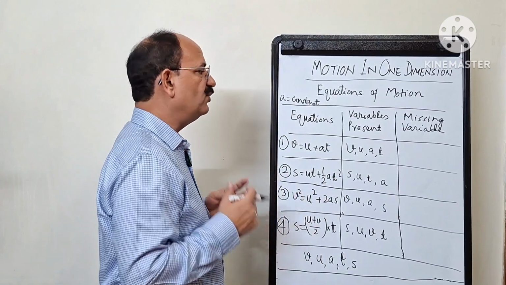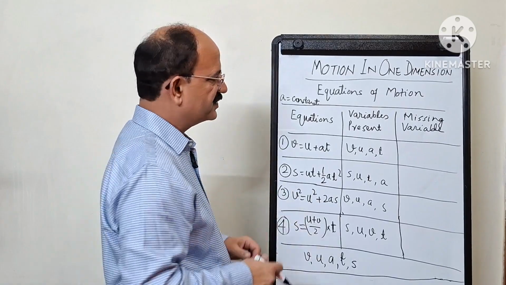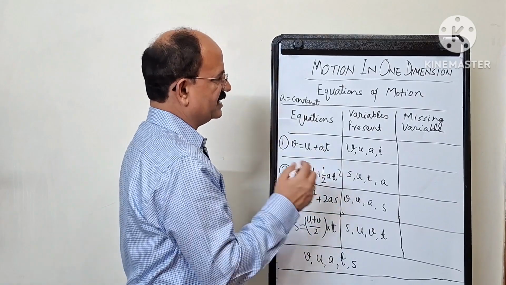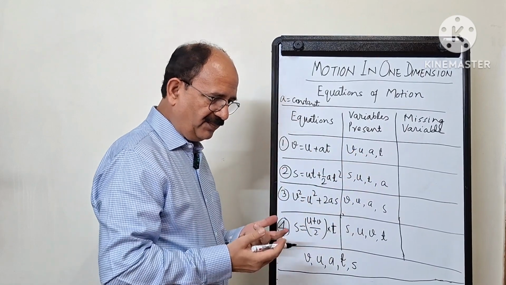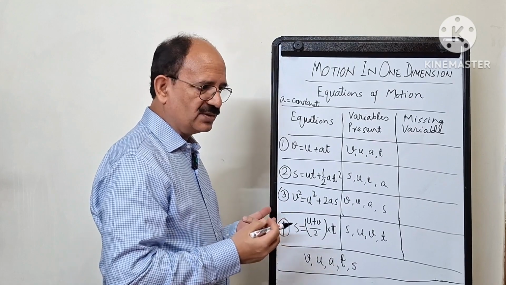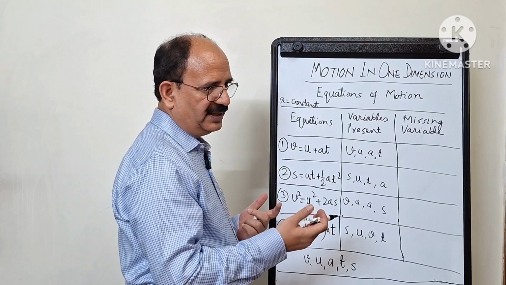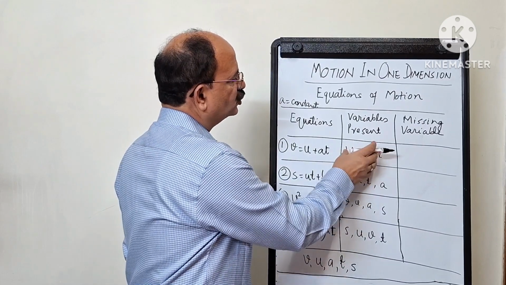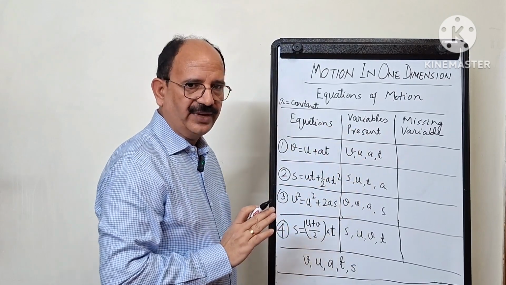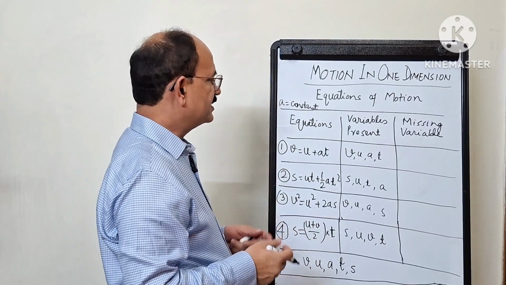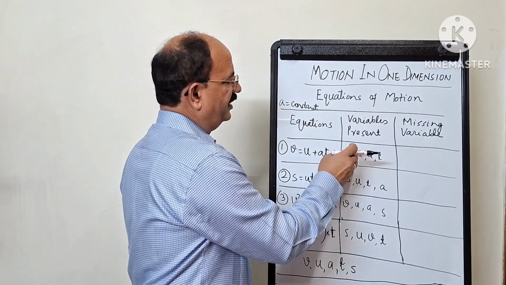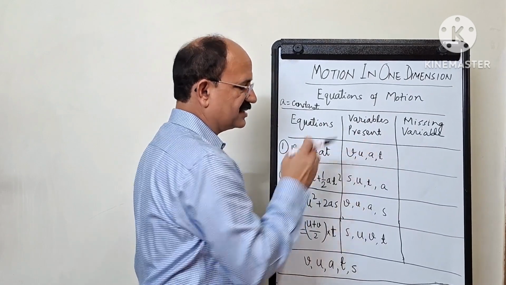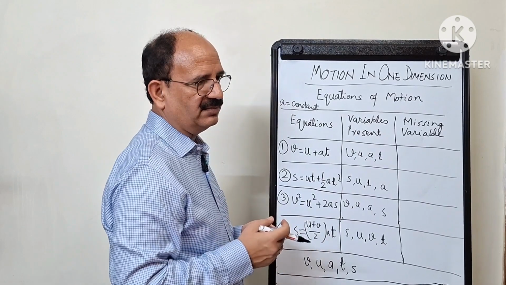So one way of using the correct equation is that you look at the set of given variable values and what is to be found. The combination of those should have all 4 variables. For example, in a given problem statement, final velocity v is given, initial velocity u is given and acceleration a is given, and you are told to find the time.